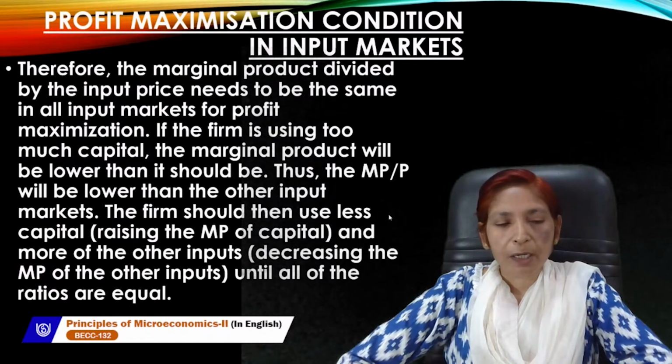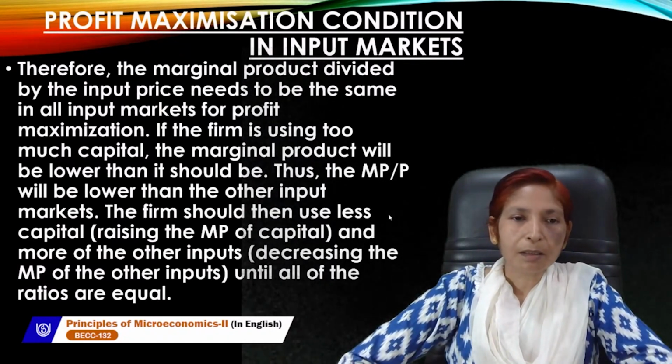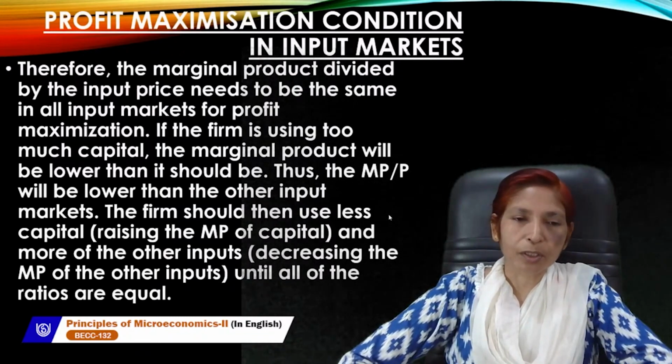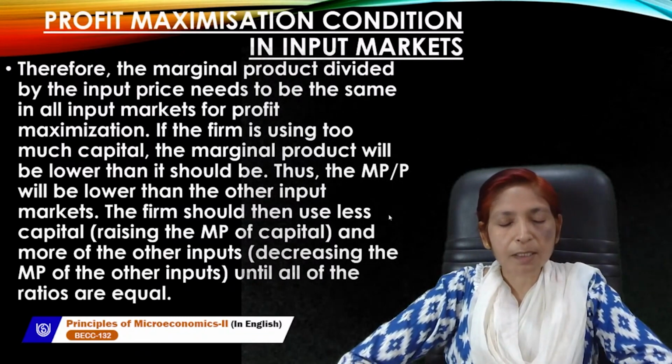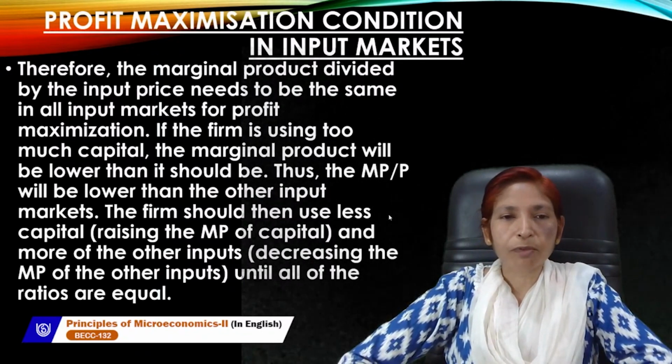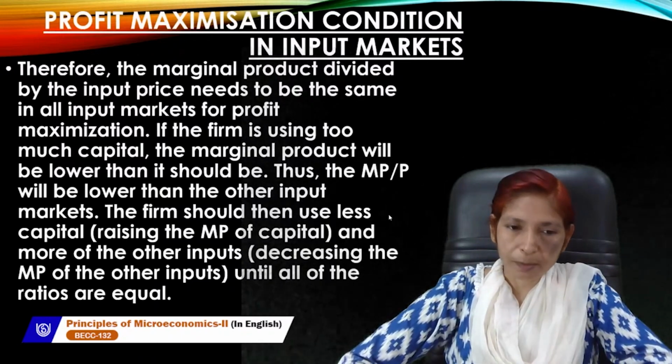It means if MPL is greater than PL, if MPK is greater than PK, if MPA is greater than PA, then this will not be called the profit maximizing condition. The profit maximizing condition will exist when the ratio of marginal productivity to the price of all the factors of production is equal.